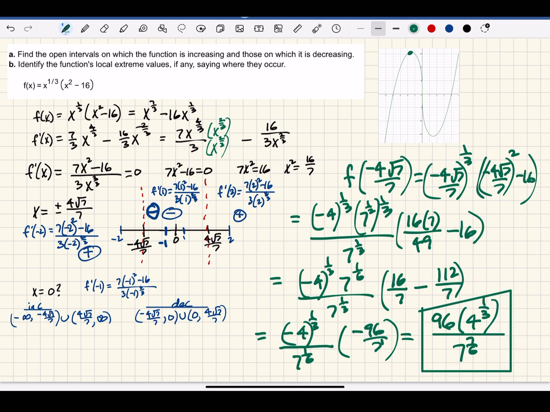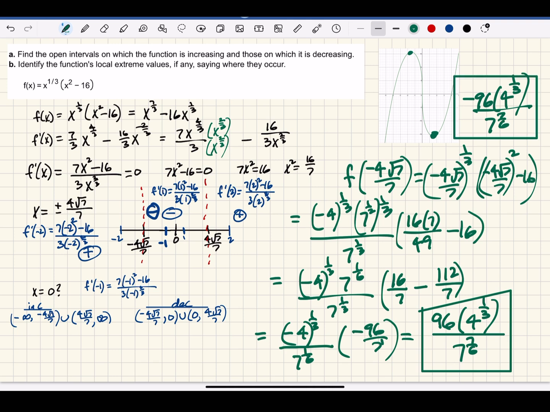The y-coordinate for the minimum value would just be the opposite of this. So the y-coordinate for our relative minimum value would be -96 times 4 to the 1/3 divided by 7 to the 7/6.